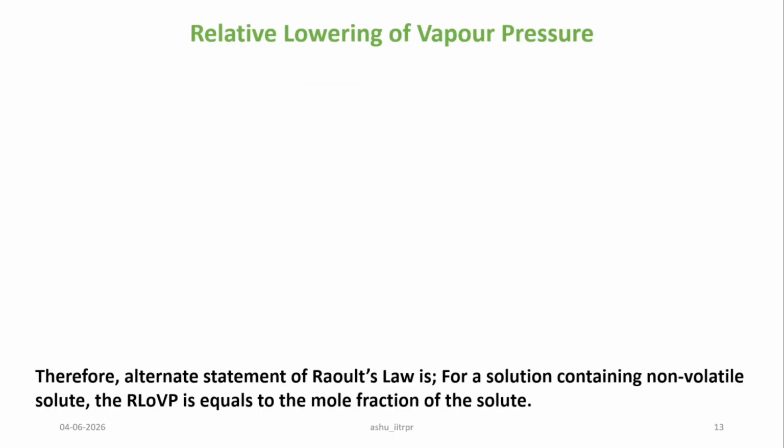Then the second part, which I would say is most important, because from here we get a colligative property also, the relative lowering of vapor pressure. So what is relative lowering?